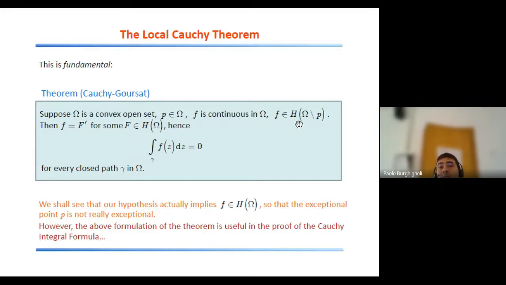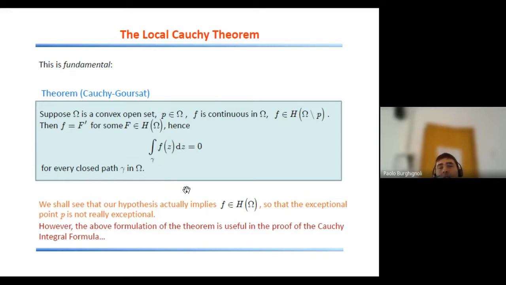But we assume that it is analytic in omega without this exceptional point P, okay? Then f will be the derivative of some capital F, which is analytic in the entire omega. And therefore, as we know now, its integral along any closed path will be equal to 0. And that's true for any closed path gamma contained in omega.